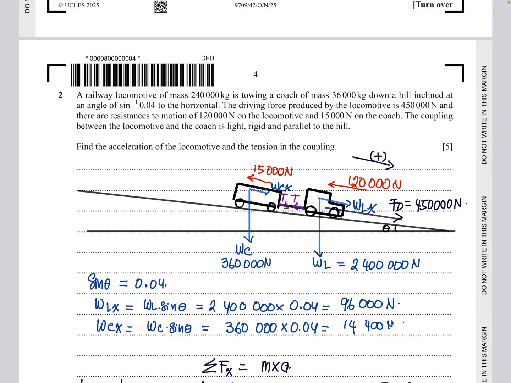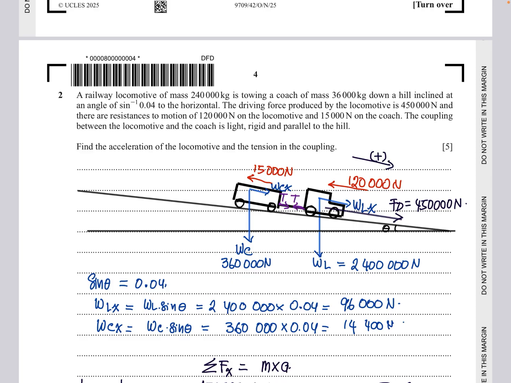Question 2. A railway locomotive of mass 240,000 kg is towing a coach of mass 36,000 kg down a hill incline at an angle of sine inverse 0.04 to the horizontal.